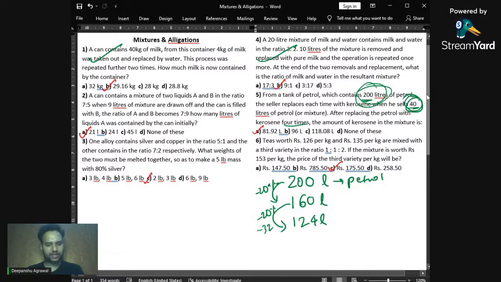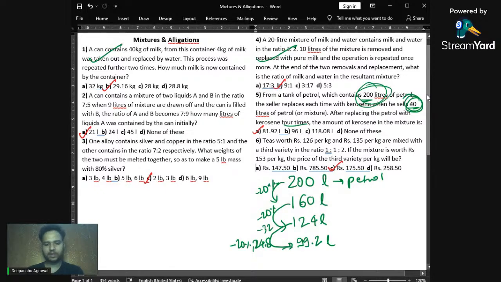So 2 iterations are done, right? Now again do this minus 20%. So 20% of 124 will be 24.8, right? So 24.8 would be taken out from this and you would be remaining with 99.2 liter.